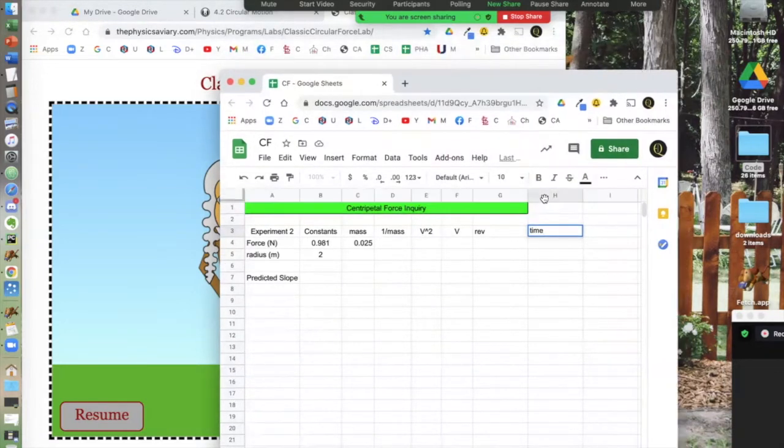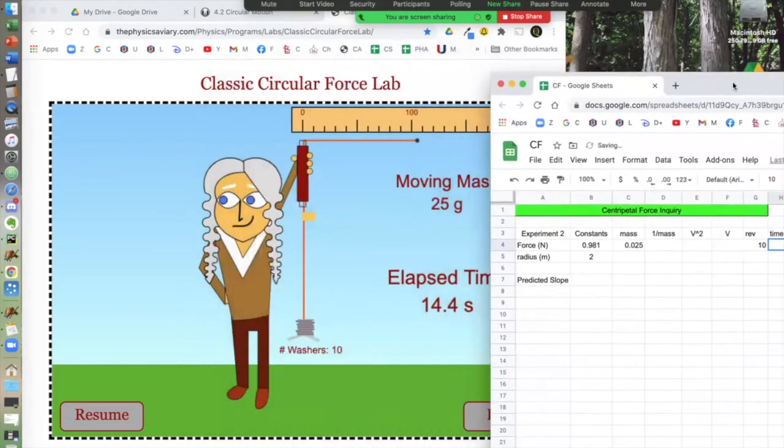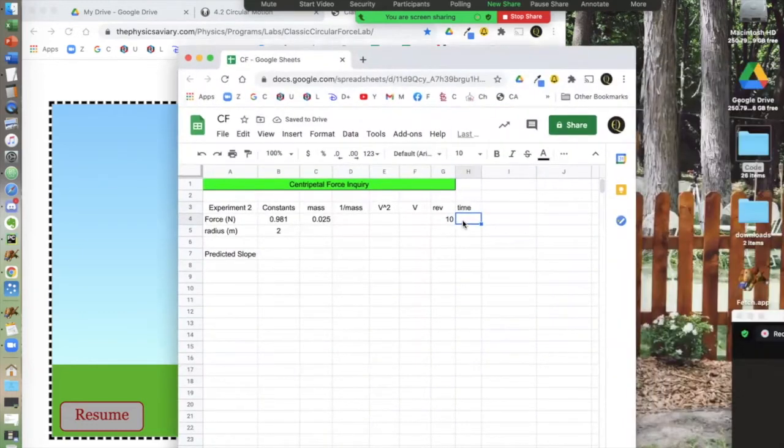Give me my revolutions, there will be my time in seconds, and the radius is over here at 2. It's always constant. My velocity would go right in this column. So I can put in 10 revolutions and the time, and I'm going to have this do it for me every time. Time would be 14.4 seconds.